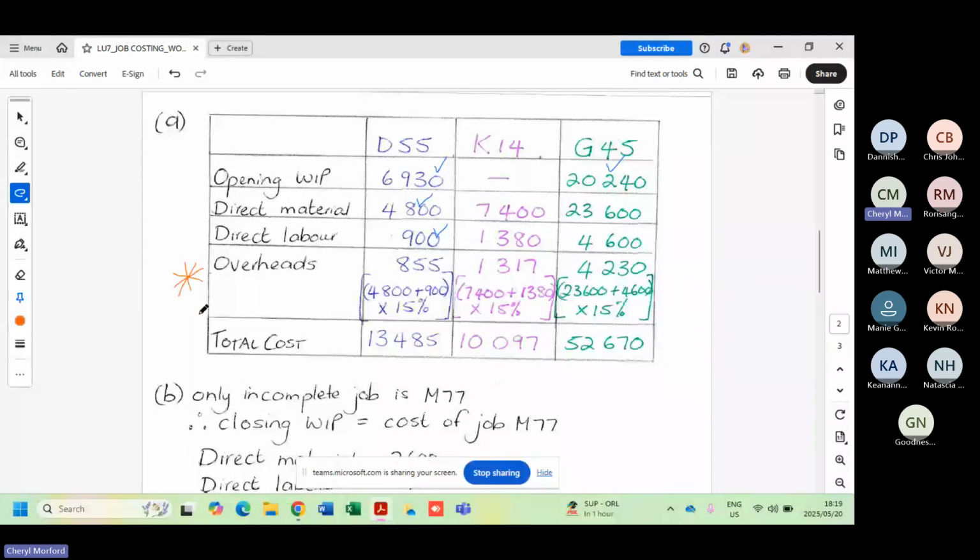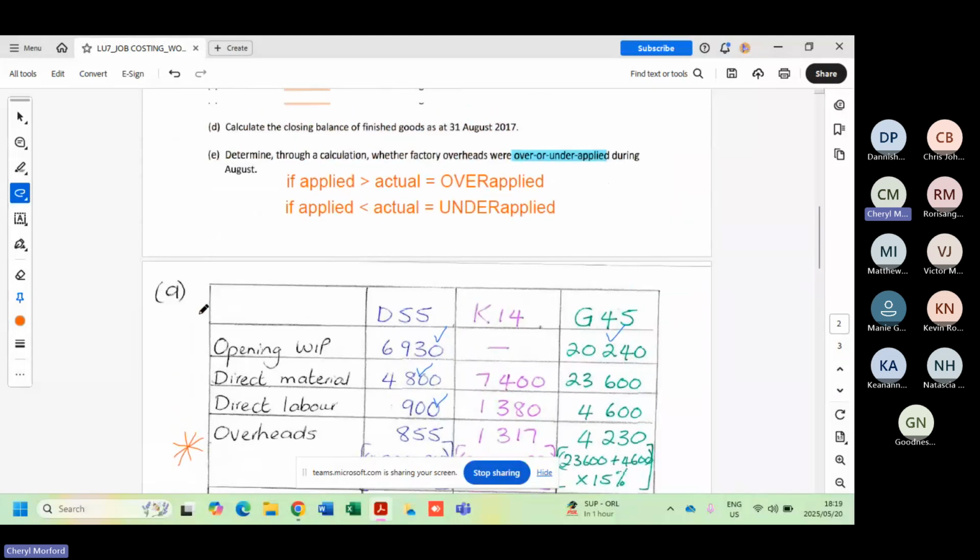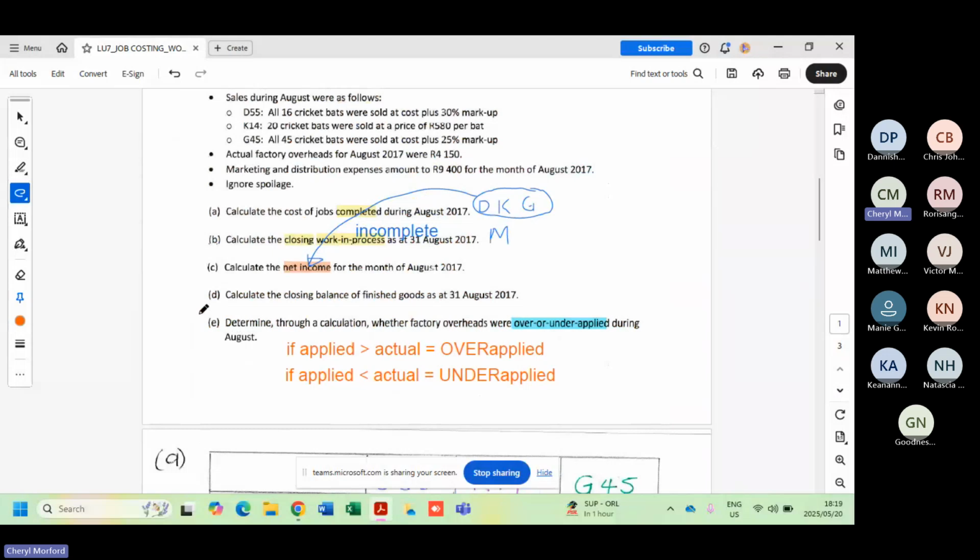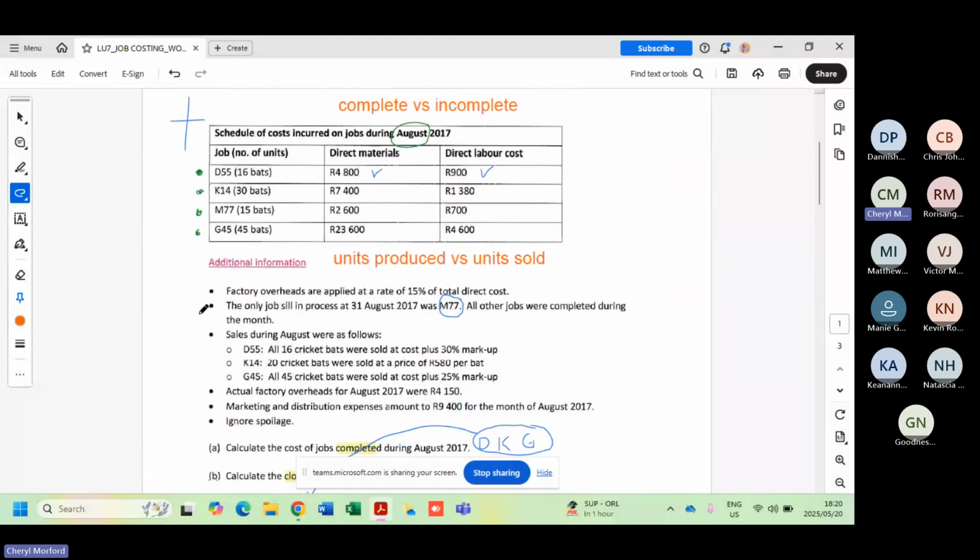So we need to read the question to see how the overheads are applied. And whatever it says, even if it's something maybe that we didn't expect, you just do what it says. The most likely event in the exam would be labor hours or machine hours. But let's look over here. This one says your factory overheads are applied at a rate of 15% of the total direct cost.